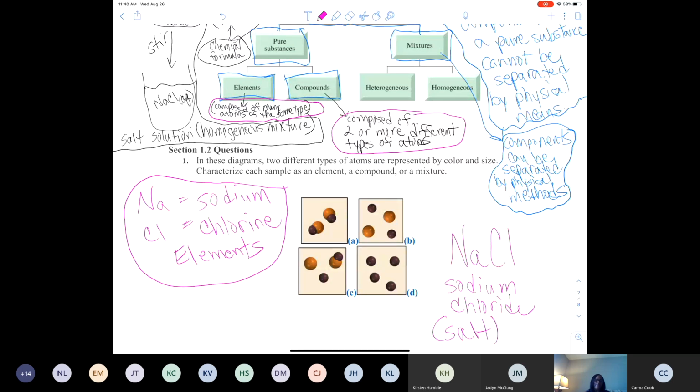So sodium chloride, or what we commonly call table salt, is a compound. It is composed of two different types of atoms, a sodium atom and a chlorine atom.